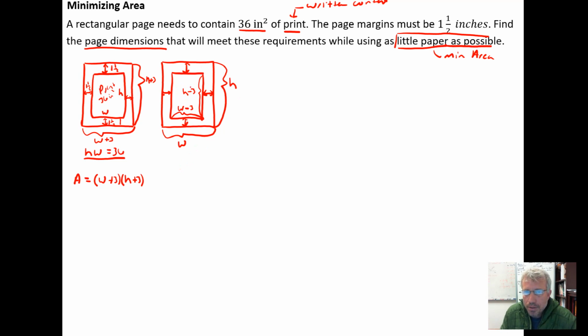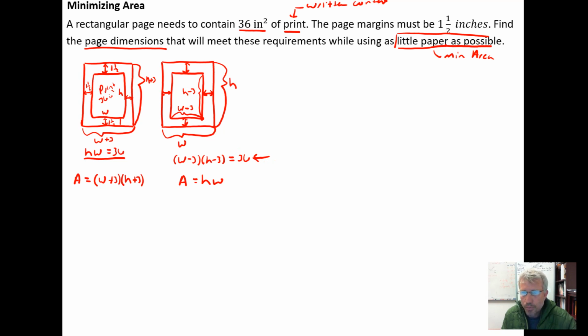So for the print area, we would actually get width minus 3 times height minus 3. The interior area needs to be 36 square inches, and then the area of the paper itself would actually be width times height, or height times width, depending on how you want to do it. And then to write the area function as a function of a single variable, we would need to solve this equation here for either height or width.